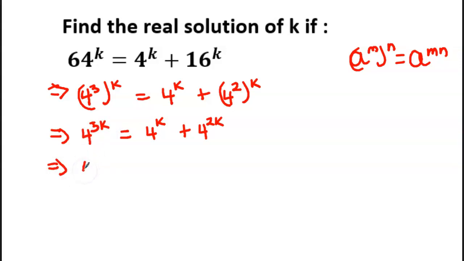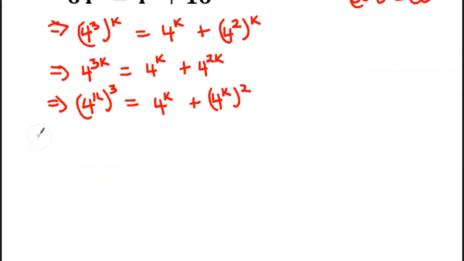This is the same as 4 to the power k all raised to the power 3, which is equal to 4 to the power k plus 4 to the power k all raised to the power 2. So next, we want to make some substitution. Let x be equal to 4 raised to the power k.